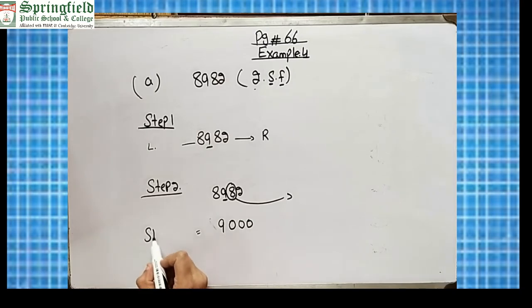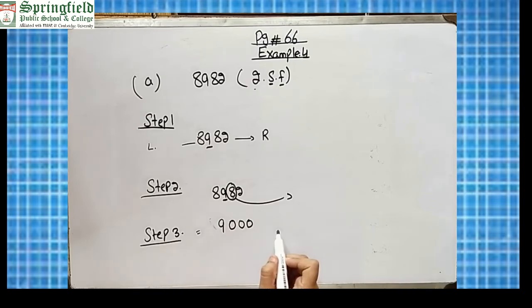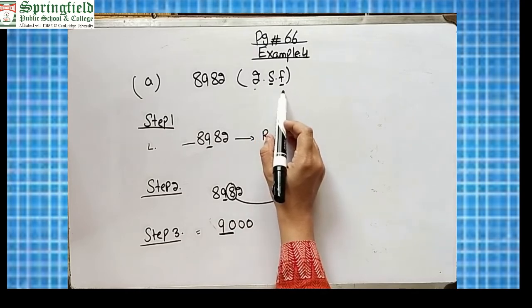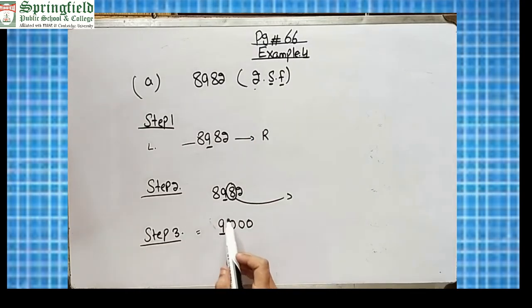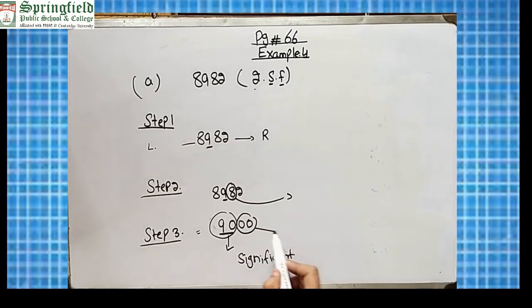In the third step. Understood? And here, look, they are saying round off to 2 significant figures. It means we have to round off to 2 significant figures. So these 2 digits are significant. Fine? But the next 2 zeros are not significant.